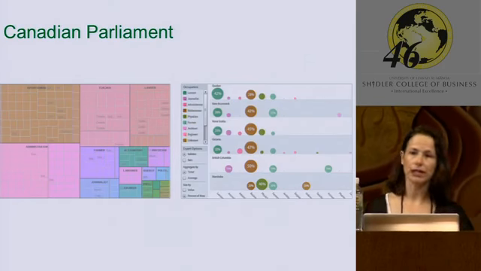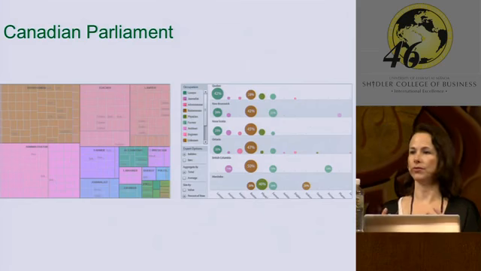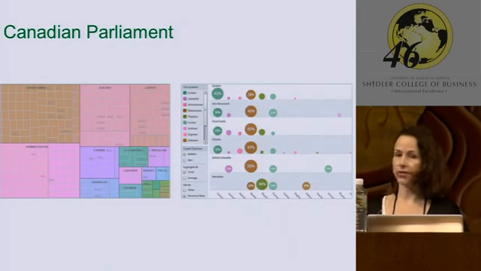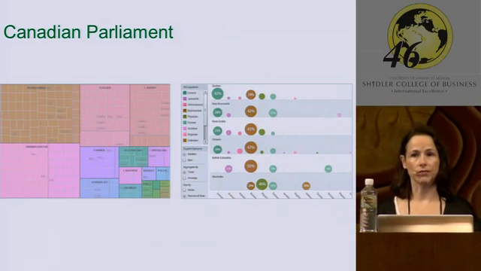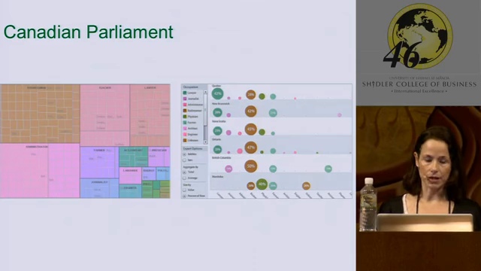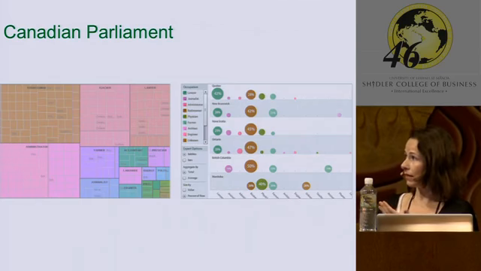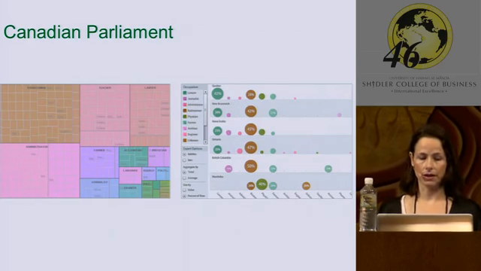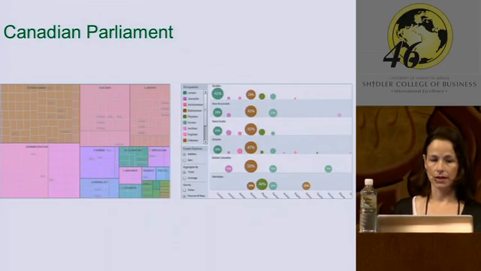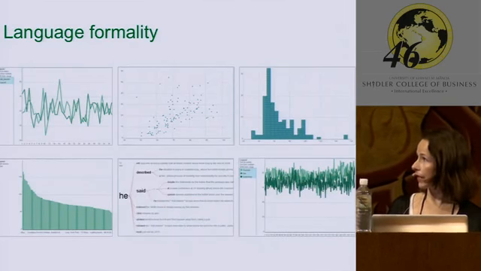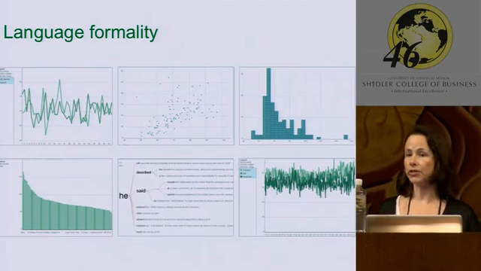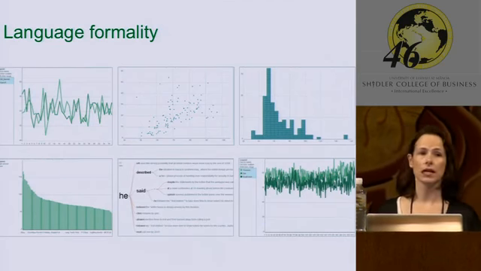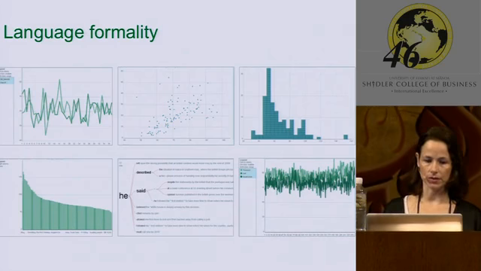Even though we created Many Eyes for lay users and not for experts, experts kept coming to Many Eyes. These are just a couple of screenshots of a historian who was finishing his PhD and was very intimate with his data set, but because of Many Eyes was able to glean a couple of discoveries on the parliament data he was looking at. This is a linguist who was looking at language formality on corporate blogs and used a bunch of different techniques on Many Eyes to help his master's thesis.